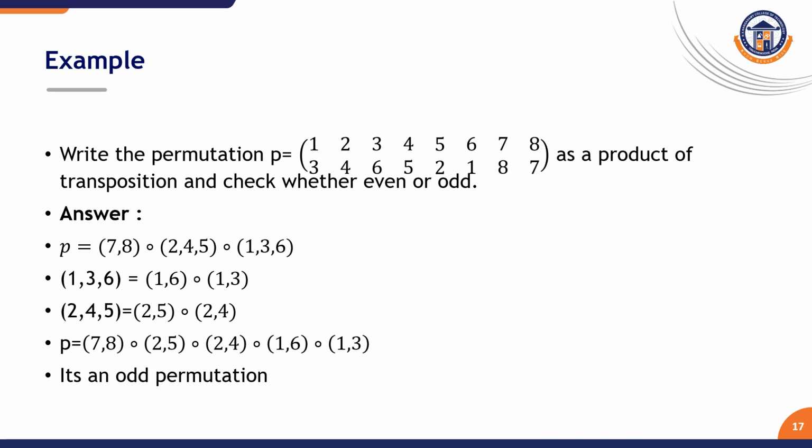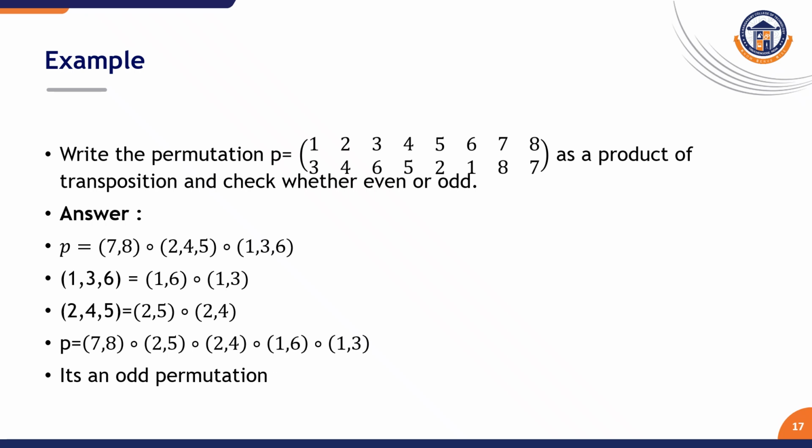So I can write P as (7 8) composition (2 4 5) composition (1 3 6). Because 1 is mapped to 3, 3 is mapped to 6, once again 6 is mapped to 1. In the same manner 2 is mapped to 4, 4 is mapped to 5, 5 is mapped to 2. In the same manner 7 to 8, 8 to 7.